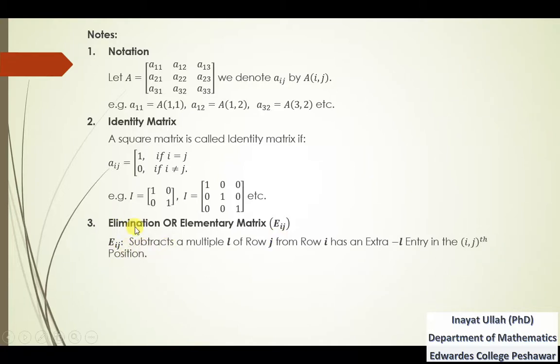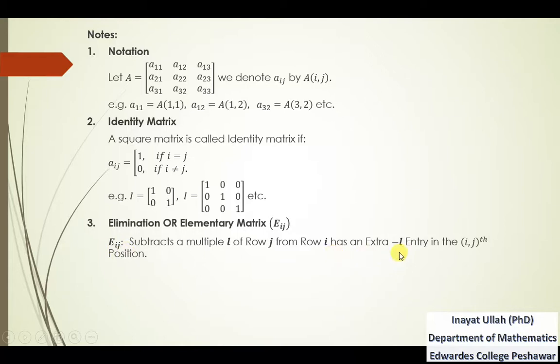Eij, the elimination matrix, subtracts a multiple L of row j, the second suffix, from row i, the first suffix.